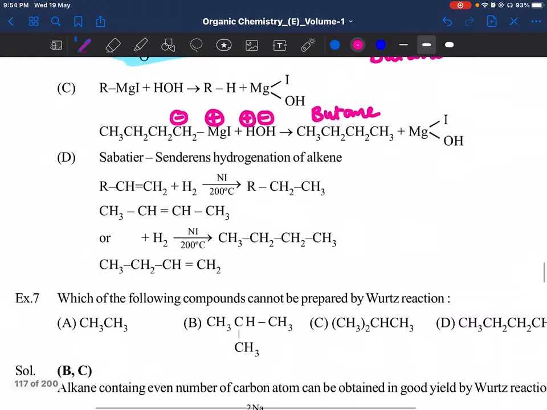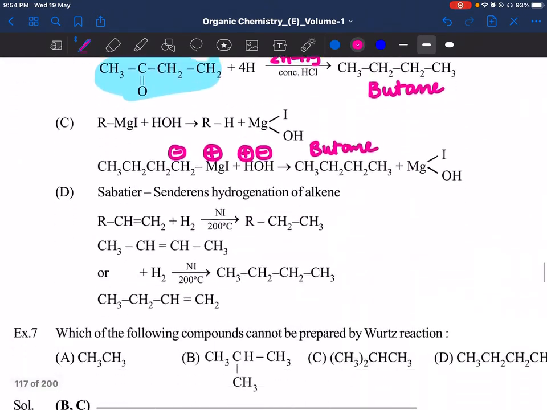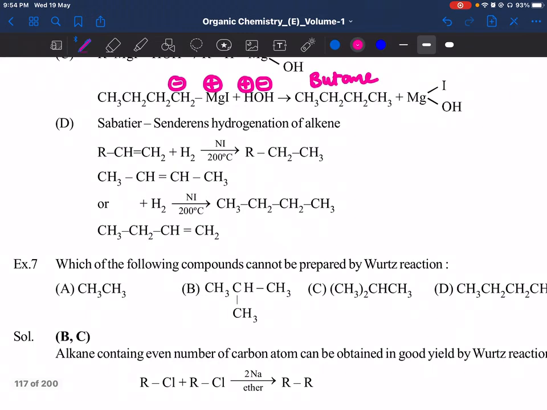And Sabatier-Senderens reaction. Here, which compound have they taken? Butene. In the Sabatier-Senderens reaction, alkenes and alkynes are converted into alkanes in the presence of nickel, palladium, or platinum.